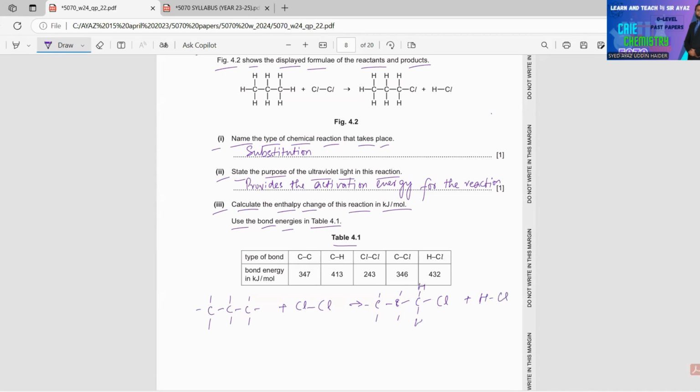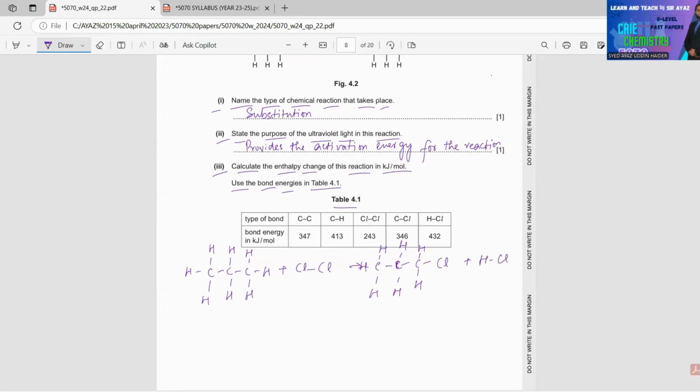These are hydrogen. So we need to calculate the enthalpy change.